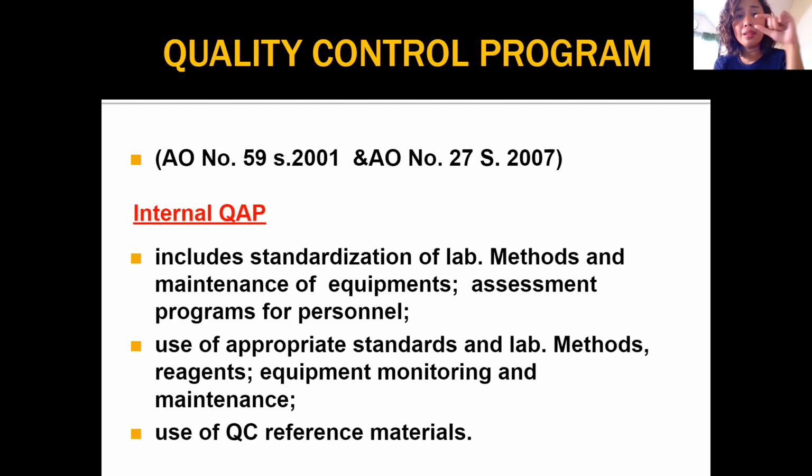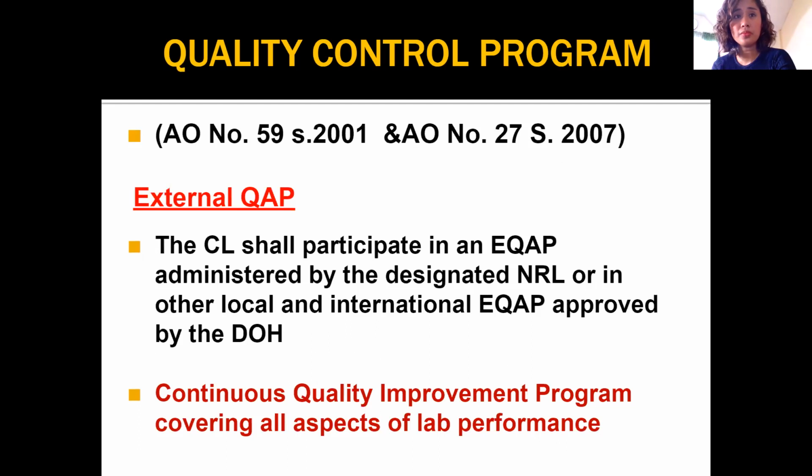So, kung abnormal yung result niya, out of sa normal range, so you have to find where have you committed the mistake. Okay. External quality assurance program, so we participate in the proficiency test performed by your NRLs.